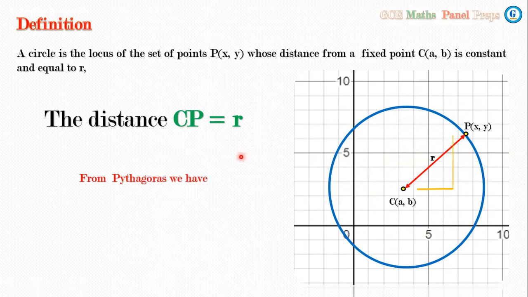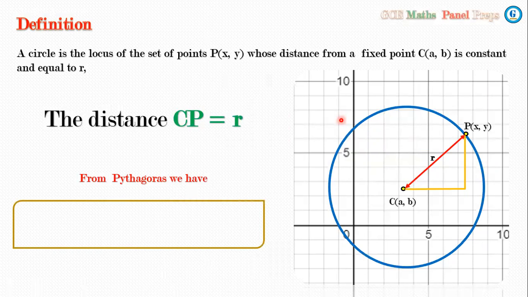So using Pythagoras' theorem together with coordinate geometry, we will have r squared to be given by: the change in x is along the x-axis, so we have x minus a, squared. This is the distance, and this other distance is y minus b, squared.